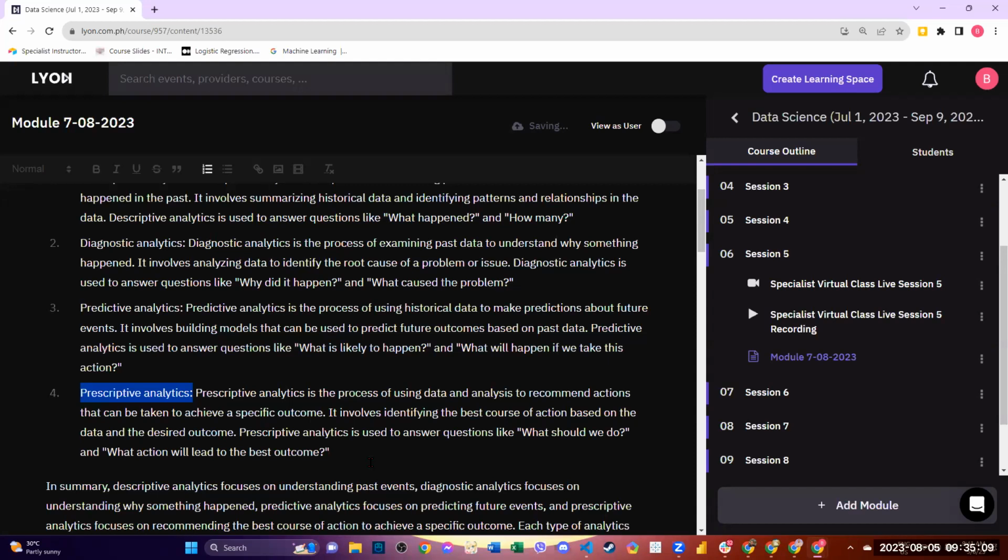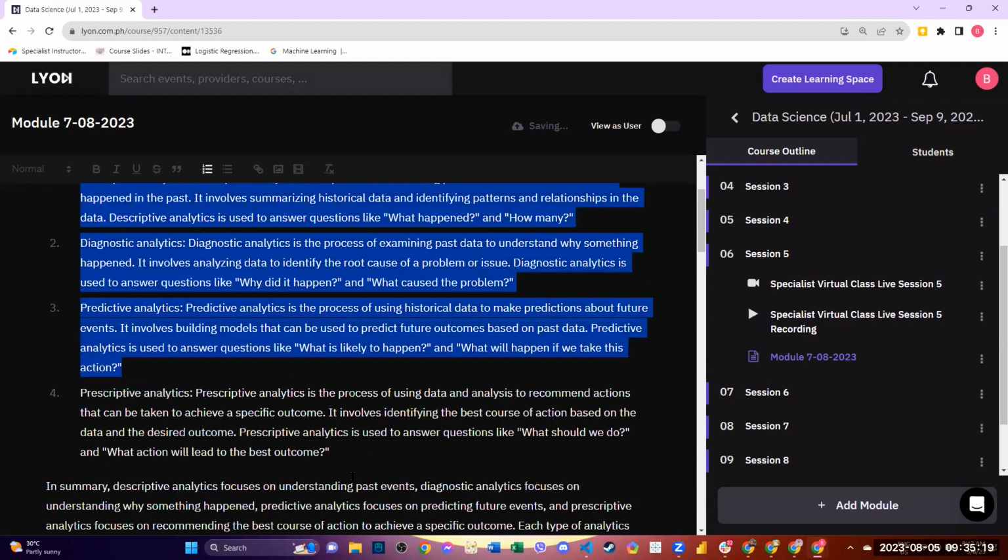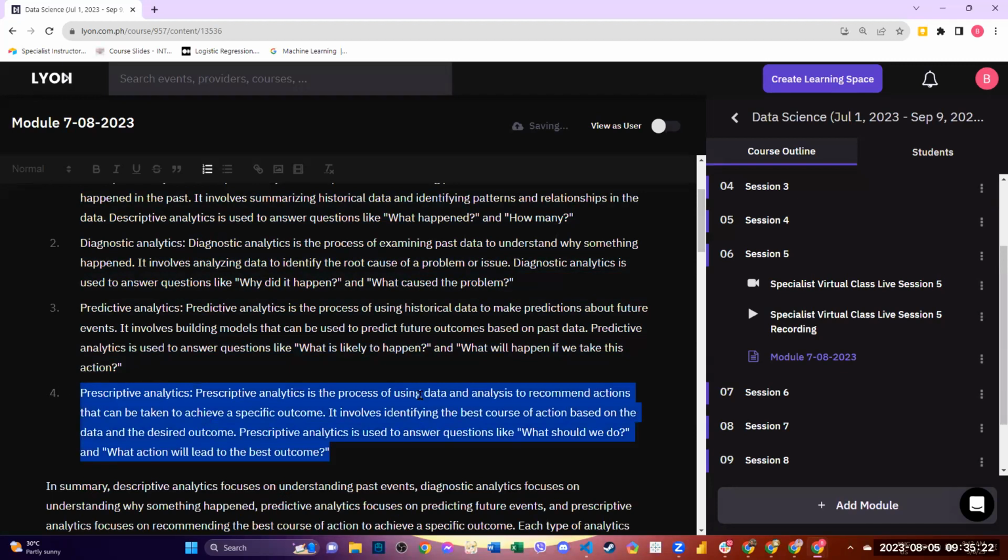What data am I talking about? Past data. And past results coming from descriptive, diagnostic, and predictive analytics. So the thing about prescriptive analytics is that this is the final output. You will now collate all of the reports.